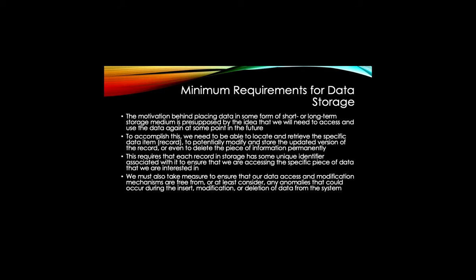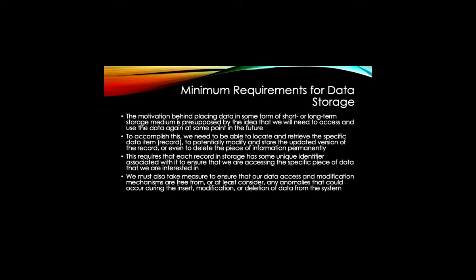This requires that each record has some kind of a unique identifier associated with it. We refer to those as keys in general. So that ID, that record ID that we synthetically assign to a record, or some natural key information that we assign to a record, such as when we used to use social security number to identify a specific person in a system.